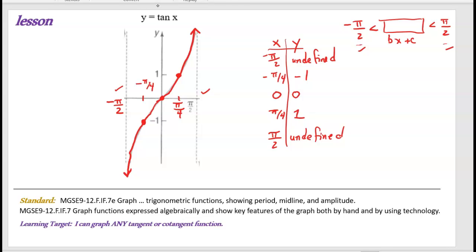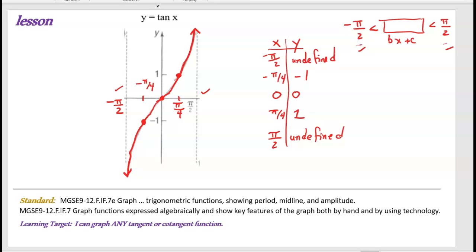The actual rate of change, even though it's going up, it's flattening out. So it's slowing down, and then after it passes this point, it actually starts to speed up again, accelerate. So this is called an inflection point, where it goes from concave down to concave up, or deceleration to acceleration.